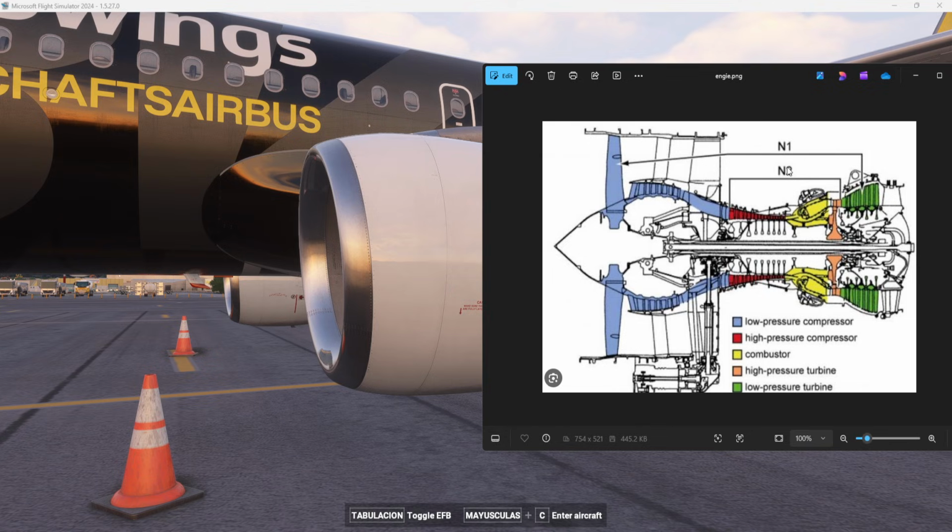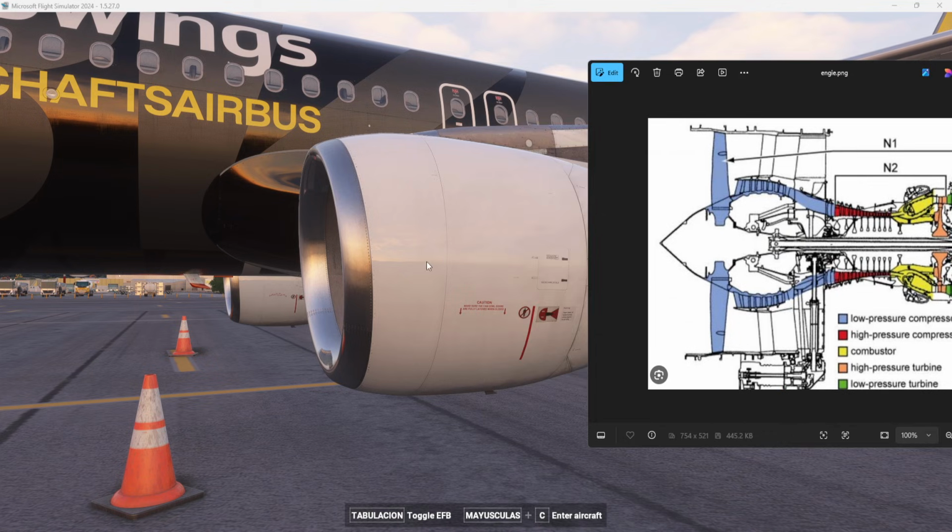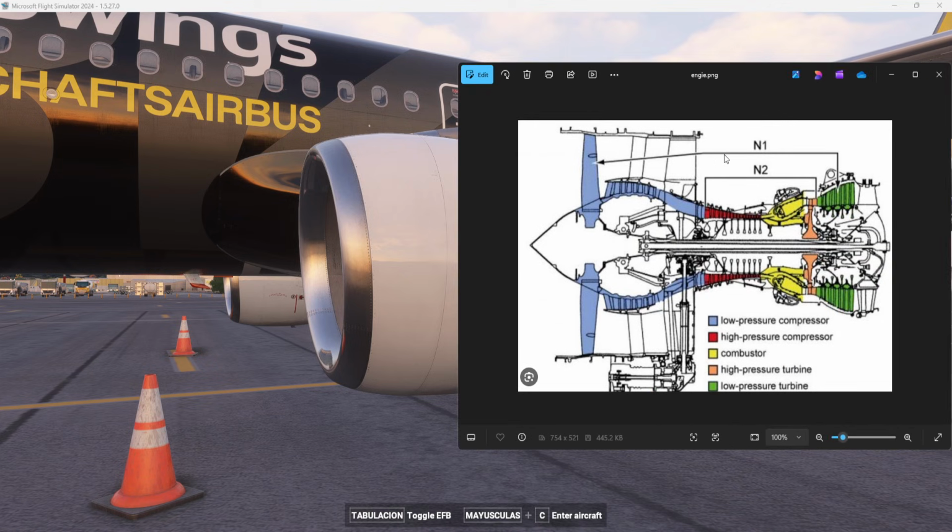So now we have the high pressure compressor that is driven by the high pressure turbine, we have air with a high pressure and velocity, so it is compressed. Now, since we have brought air from outside and compressed it, what do we need to do? Now we need to explode it. But wait, my friend, the air is not going to enter like this with this high speed and high pressure.